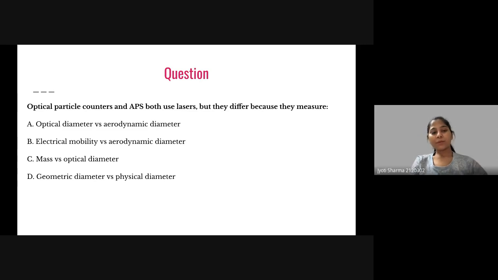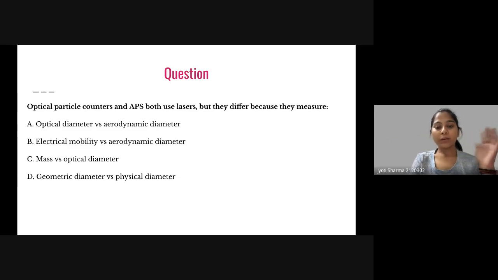The optical one was related to optical scattering. Yeah, so A answer is the right one because in optical particle counter we are using the optical diameter, but in APS we were using the aerodynamic diameter.